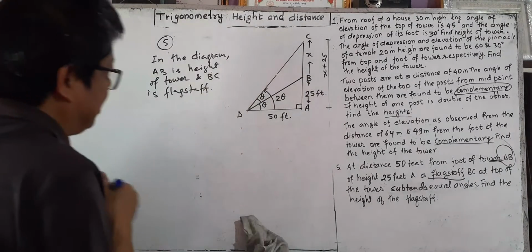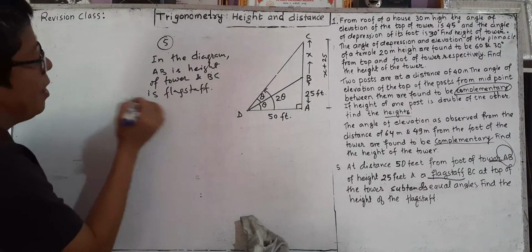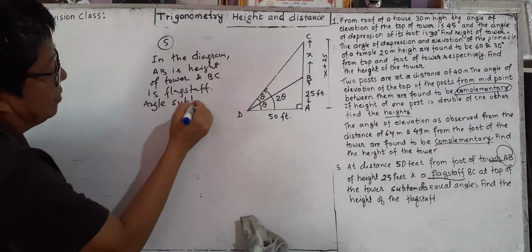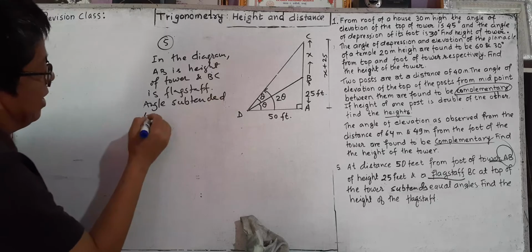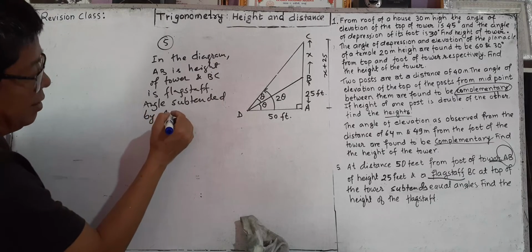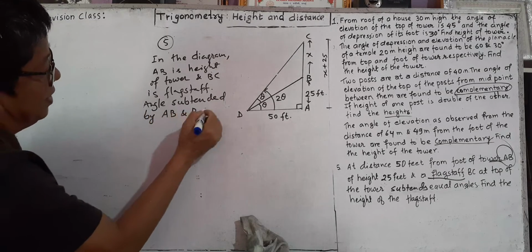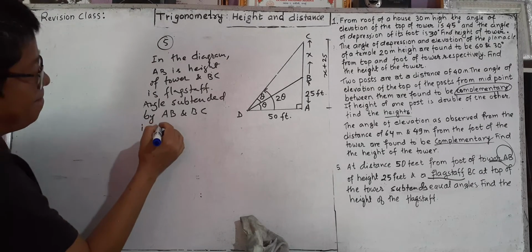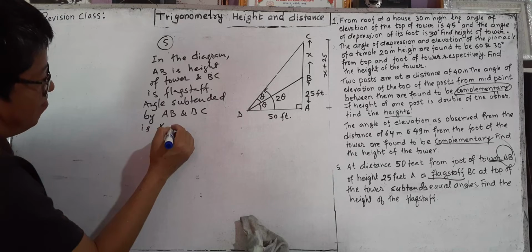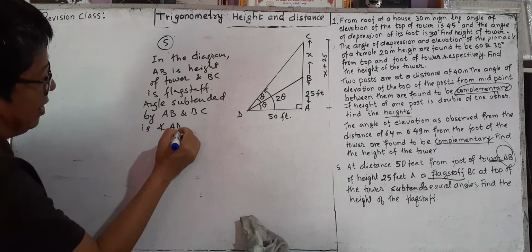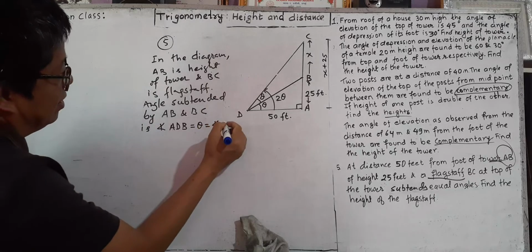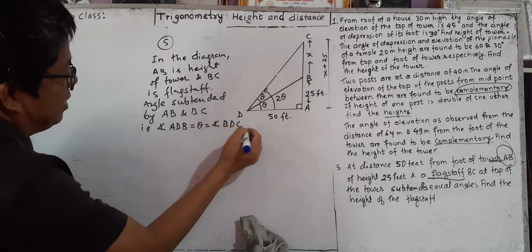We don't write elevation or depression. So the angle subtended by AB and BC is angle ADB equal to theta equal to angle BDC.